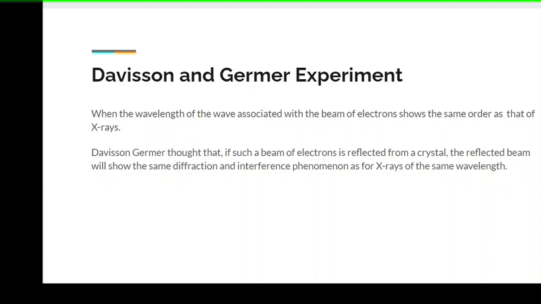So, this became the basis of the Davisson and Germer experiment.